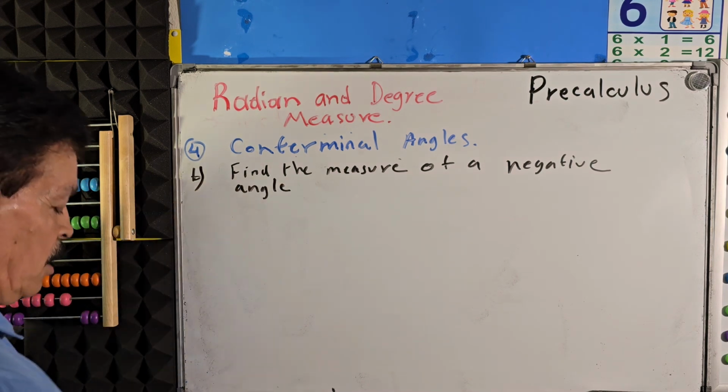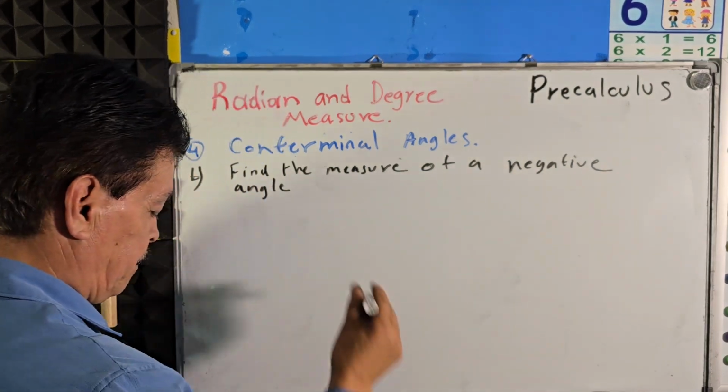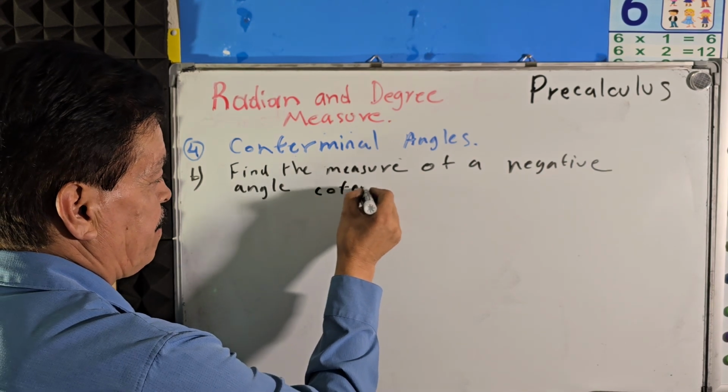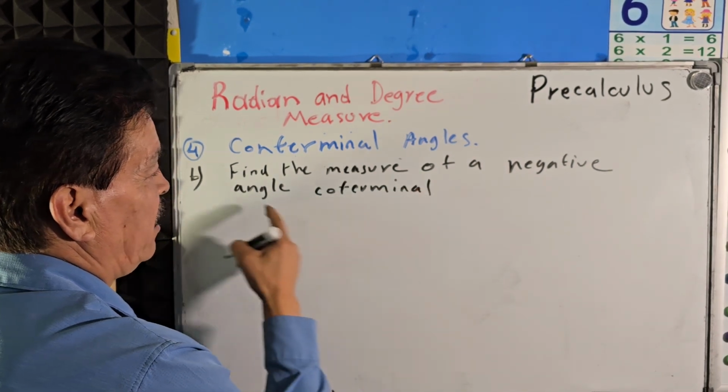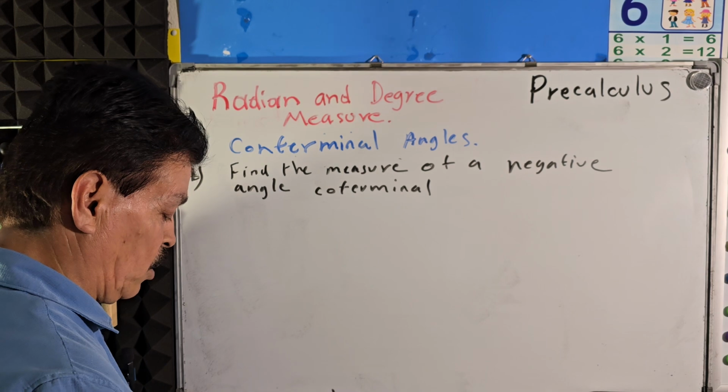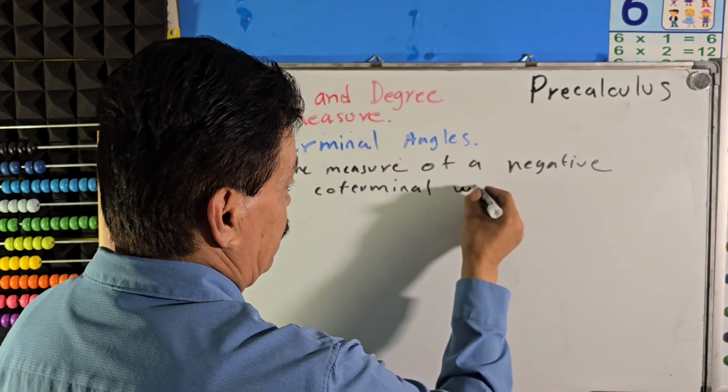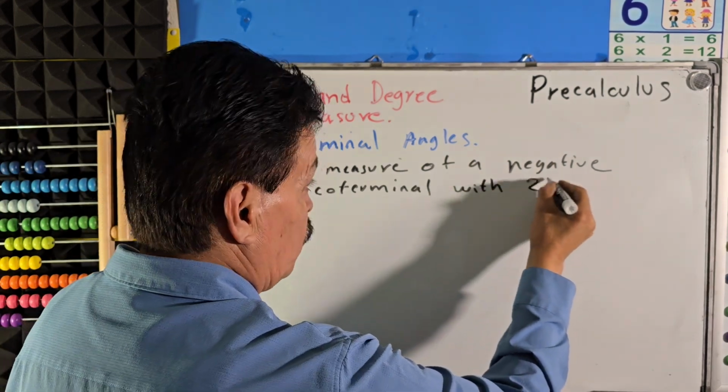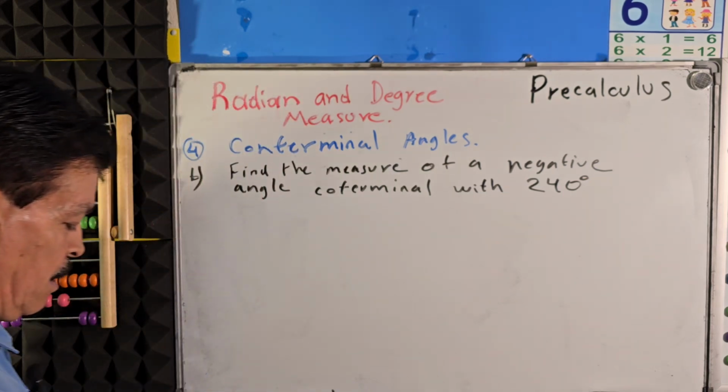This is the second problem. We are talking about coterminal angles with 240 degrees. All right.